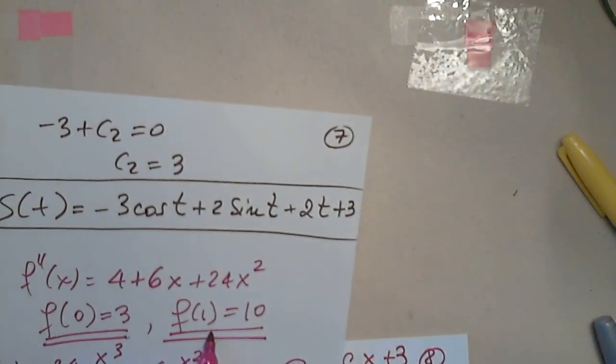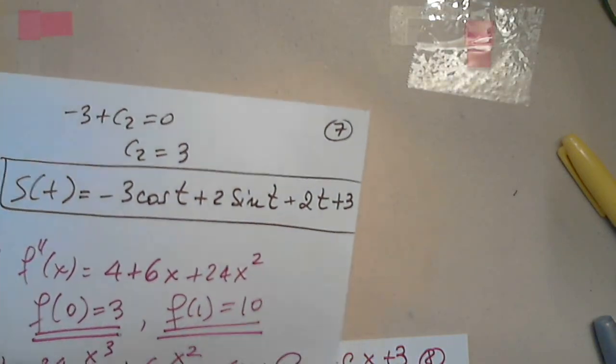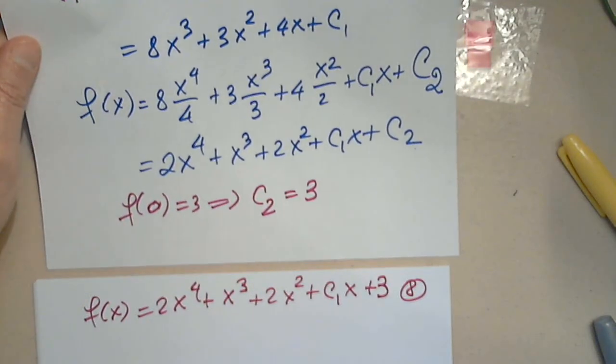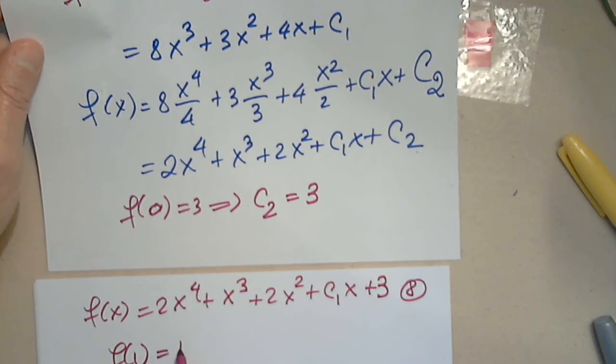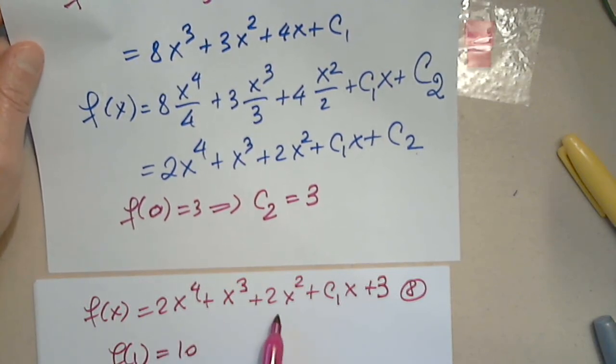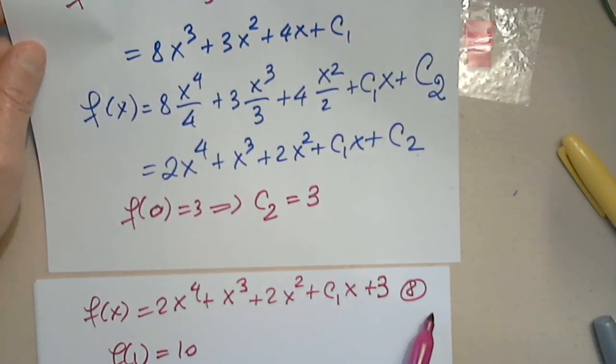And now I will use the second condition, f of 1 is 10. So f of 1 is 10 means 2 plus 1 plus 2 plus c1 plus 3 equals 10.